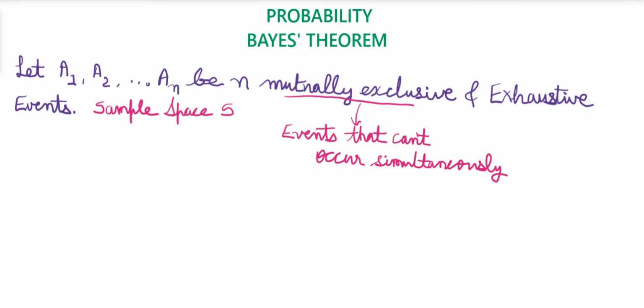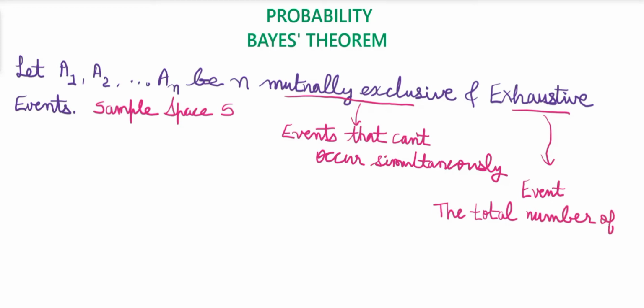So these types of events are mutually exclusive. Now exhaustive events means the total number of possible outcomes of a random experiment. That is, if we are tossing a coin, then we have two outcomes which can be either head or tail. So it's the total number of the possible outcomes of a random experiment.